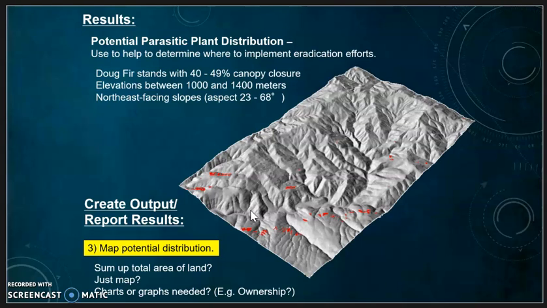So here in the red, we are seeing those areas of where that parasitic plant could potentially be. And so you're able to do all of this kind of analysis without even leaving the office, rather than trying to go out into your study area and record every single time you find that particular species of mistletoe.